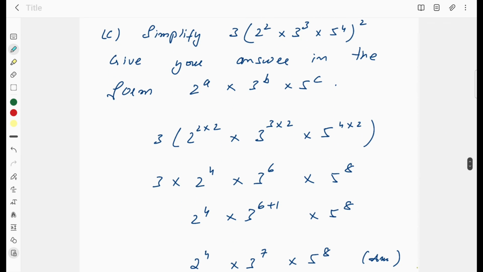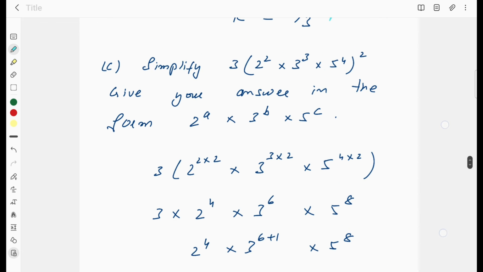Part C, simplify. 3 multiplied by bracket open, 2 power 2 multiplied by 3 power 3 multiply 5 power 4 bracket close raised to the power 2. Now look carefully, this power 2 will come separately on this 2 power 2, 3 power 3 and 5 power 4, and power raised to the power get multiplied.